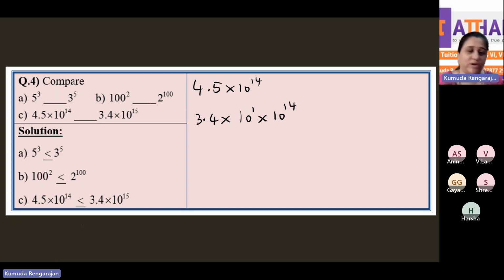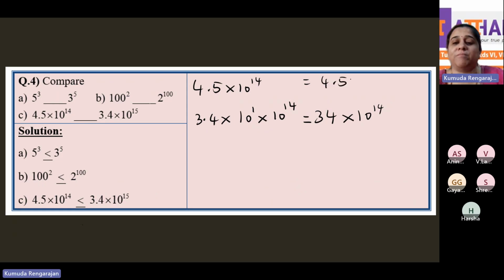I'm not explaining why. We can write 10 to the power 15 as 10 to the power 1 into 10 to the power 14, for obvious reasons. Now 3.4 into 10 is what? 34. So it is 34 into 10 to the power 14.